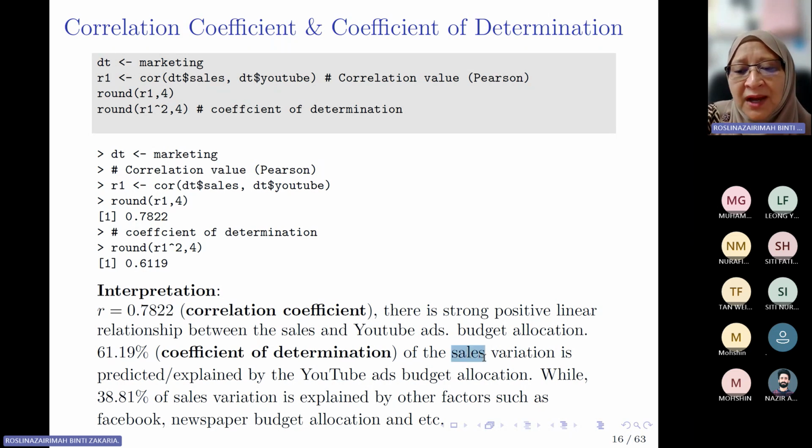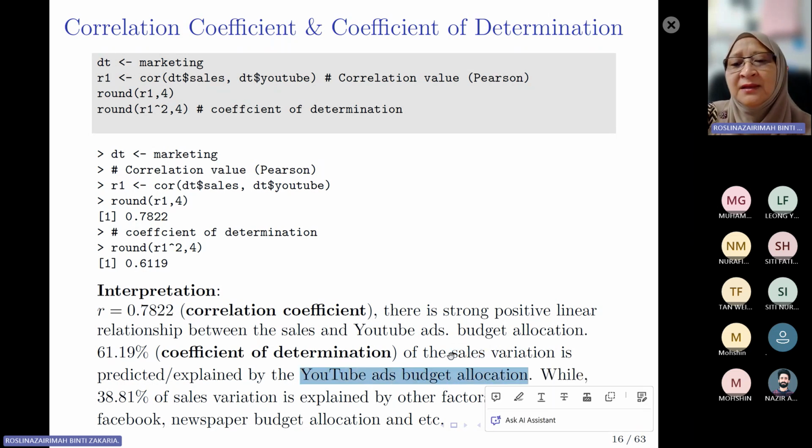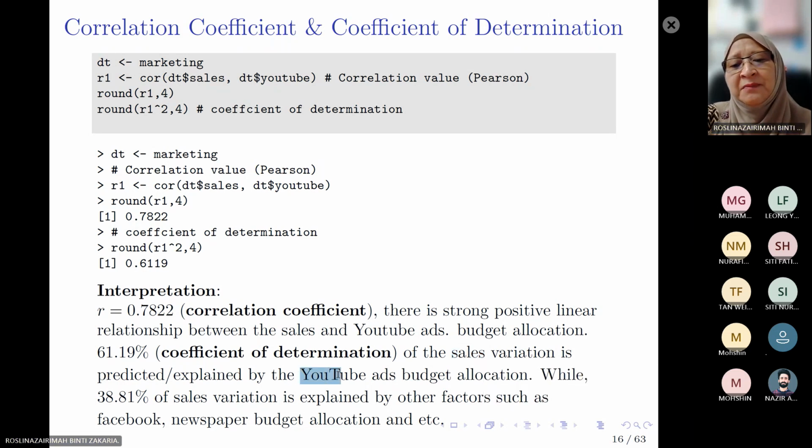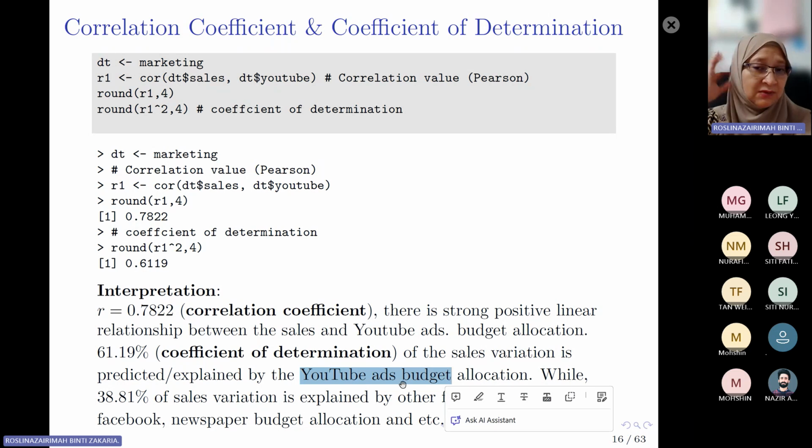The variable in the y value, sales, is predicted by the x values. The percentage of variation in Y can be explained or predicted by the predictors, the X values here. That is how we interpret it.